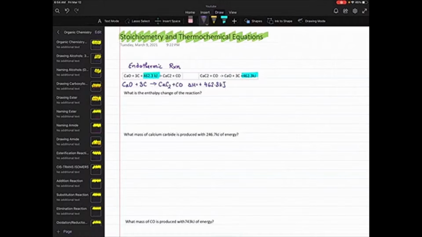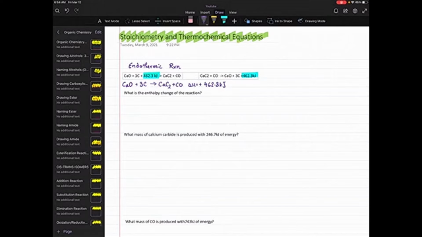So this is going to be 462.3 kilojoules per mole of calcium oxide, or per 3 moles of carbon, or per mole of calcium carbide, or per mole of carbon monoxide. And that has to do with the coefficients in the equation. So this is the delta H for the equation, in other words.